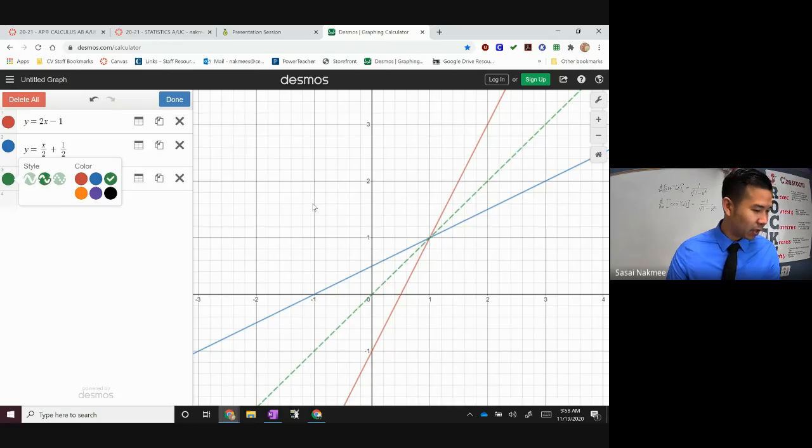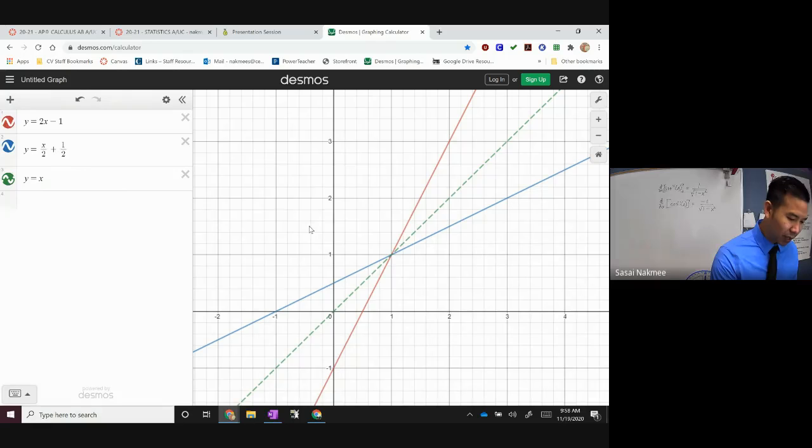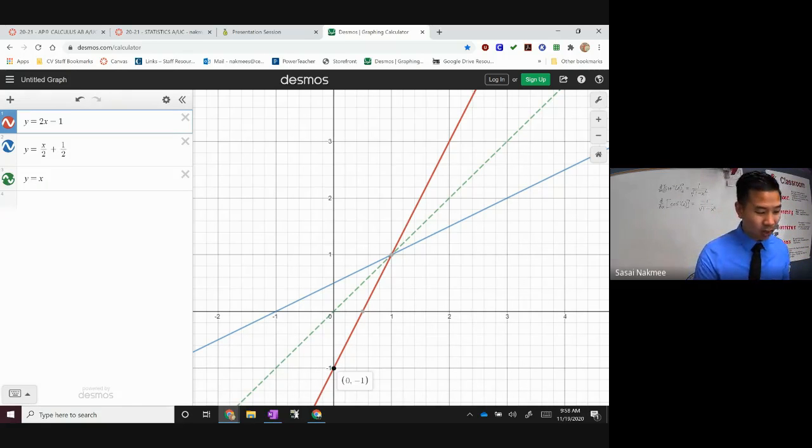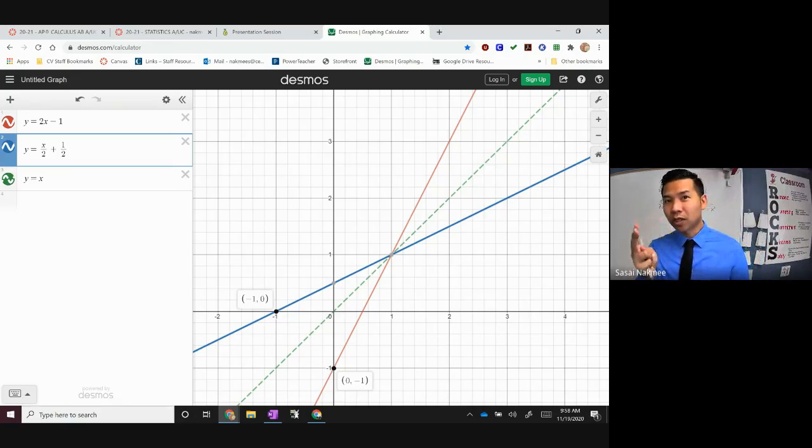An inverse function mirrors itself. So for example, this point right here is 0, 1. When you reflect it over that line, it maps over to 1, 0. And it does that for a lot of them. For example, this point on the original function was at, let's say, 2, 3. On the inverse, it flips over to 3, 2. So what an inverse function does is just switch it back and forth.